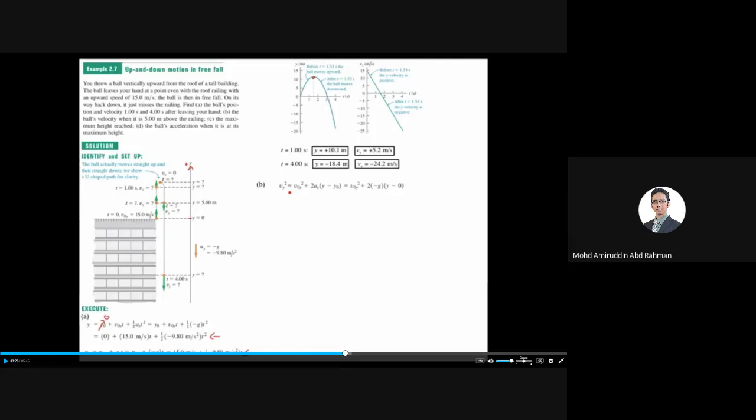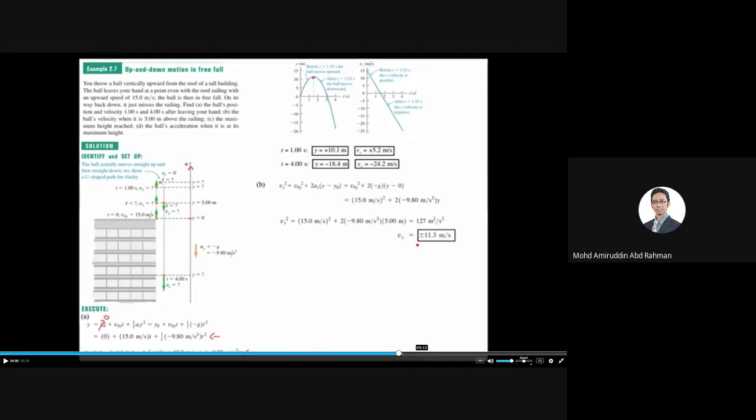You know what a_y is and what v naught y is, and y naught is 0. Now you want to know v_y squared, so your y will be 5 meters. You plug in those and you will get v_y squared, and then the square root of this, 127, gives you v_y.